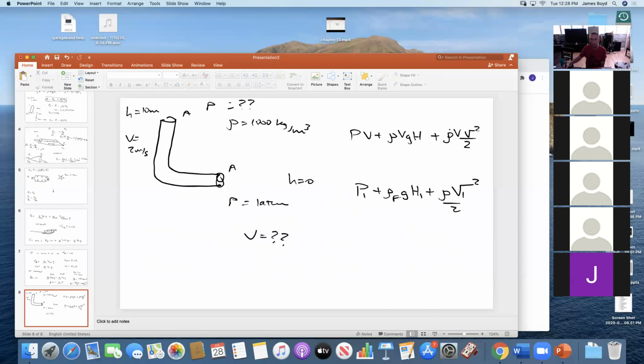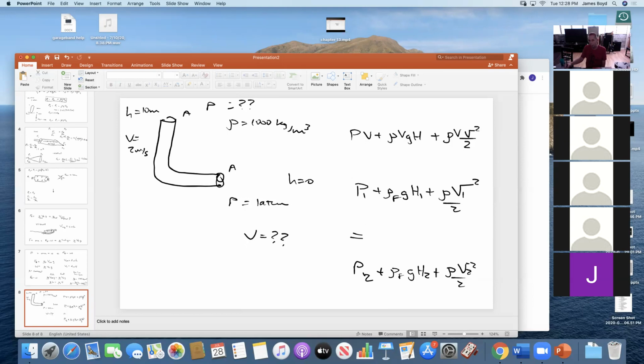This v is a velocity, this is a volume. All those volumes cancel. And we set that equal to P2 plus rho of the fluid g h2 plus rho v2 squared over 2. Just like in energy, we can just set those terms equal to each other and figure out which terms we have.